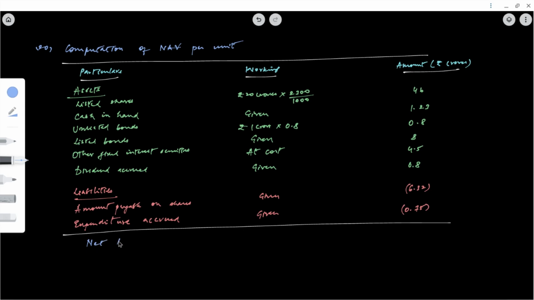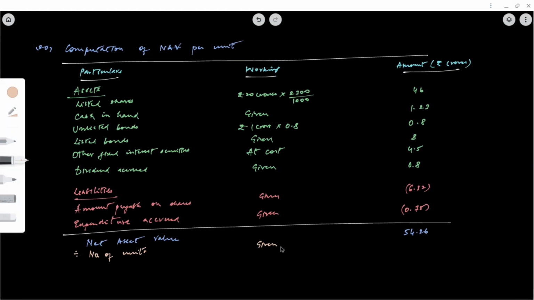Now we'll get the net asset value. We'll add all these and subtract the liabilities. It is 46 plus 1.23 plus 0.8 plus 8 plus 4.5 plus 0.8 minus 6.32 minus 0.75, that is 54.26. This is divided by the number of units, which is also given.